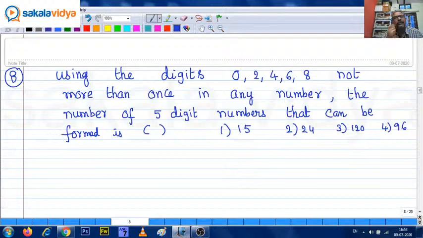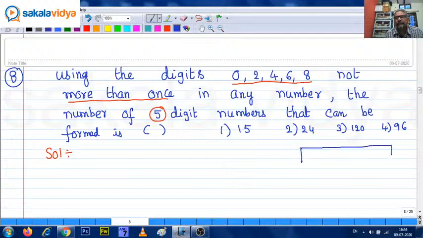So now, using the digits 0, 2, 4, 6, 8, not more than once. This is the keyword for without repetition. We need to make 5-digit numbers. So 5-digit numbers means we have 5 places.